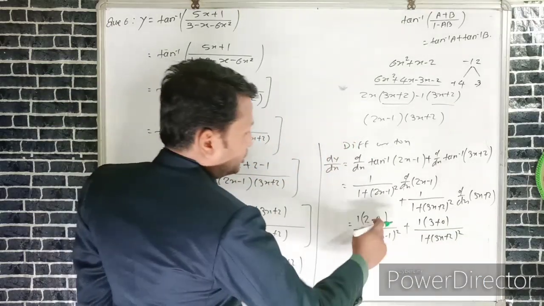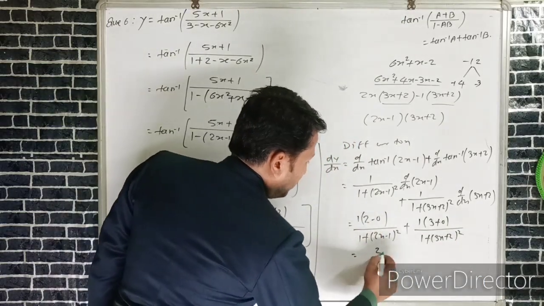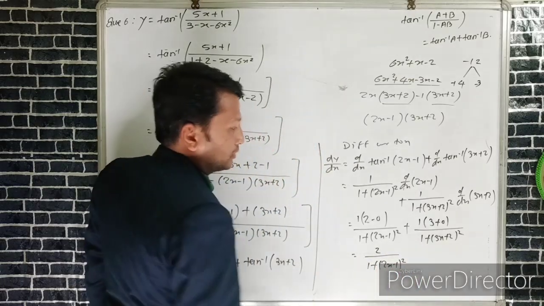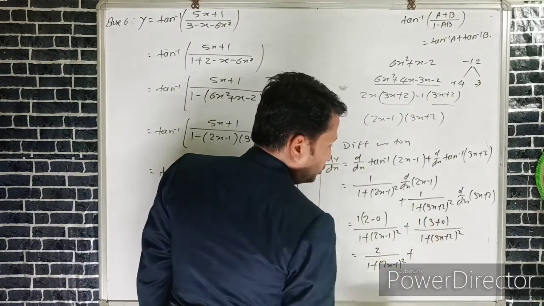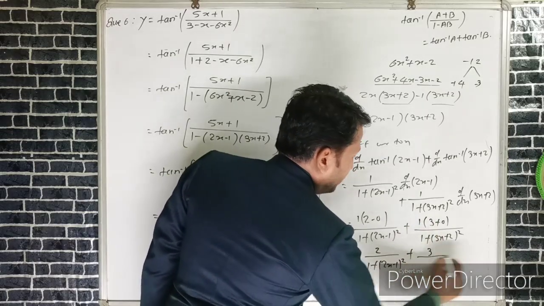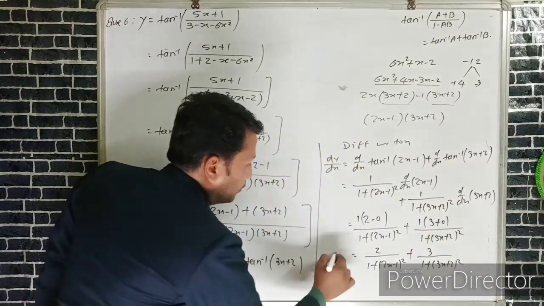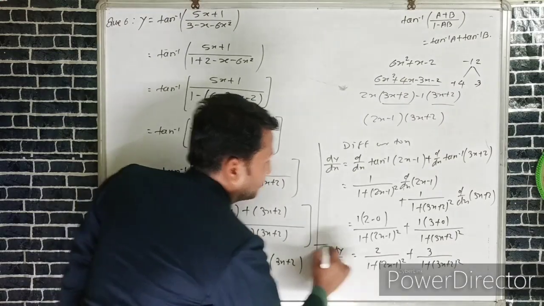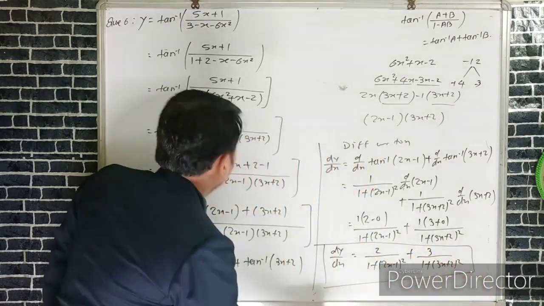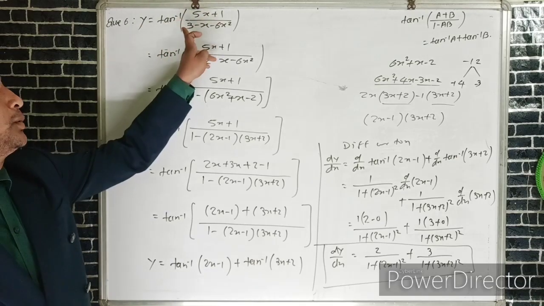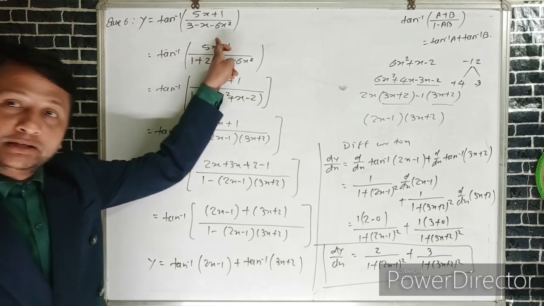Here 2 minus 0 is 2, so 2 upon 1 plus 2x minus 1 whole bracket square, plus 3 plus 0 is 3, so 3 upon 1 plus 3x plus 2 whole bracket square, which is the required derivative dy upon dx when y is equal to tan inverse of 5x plus 1 upon 3 minus x minus 6x square.